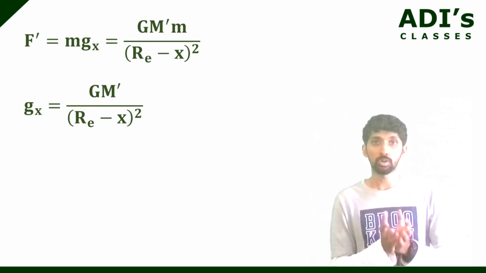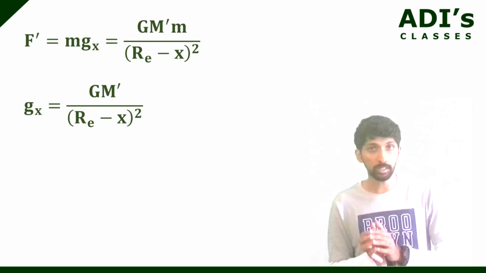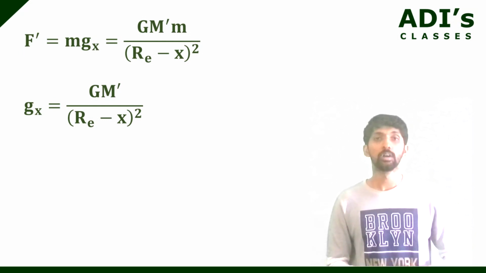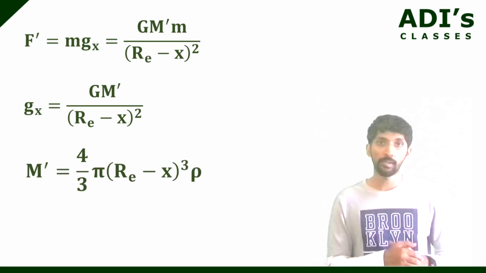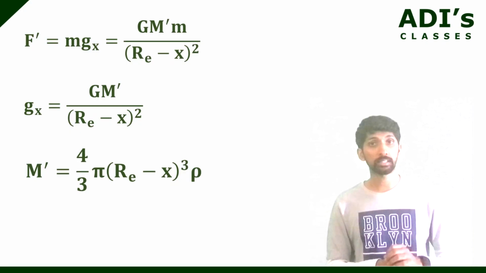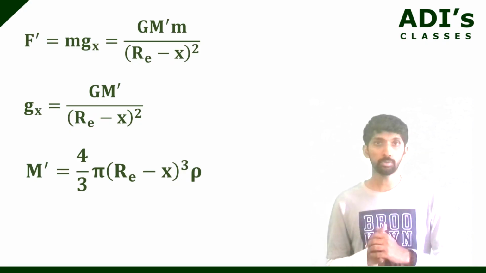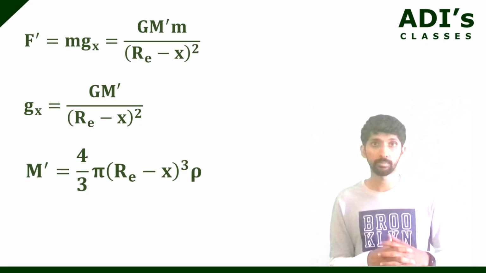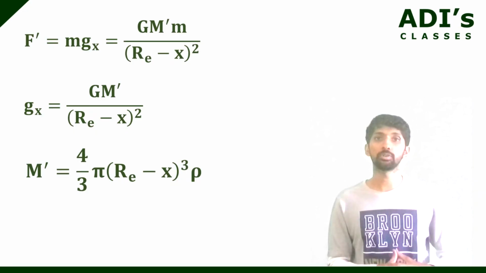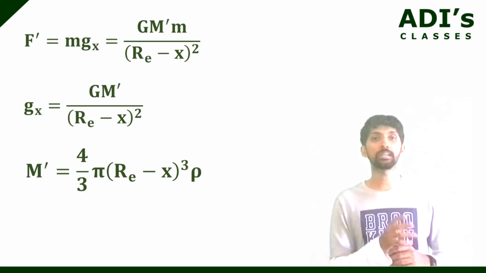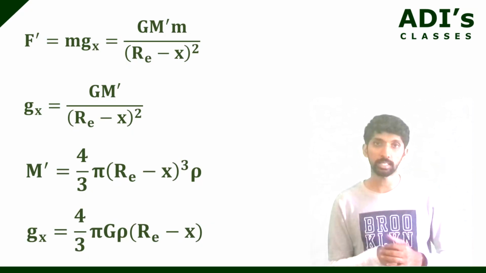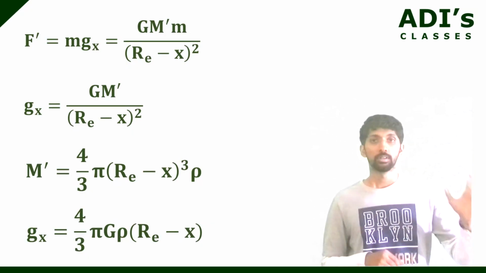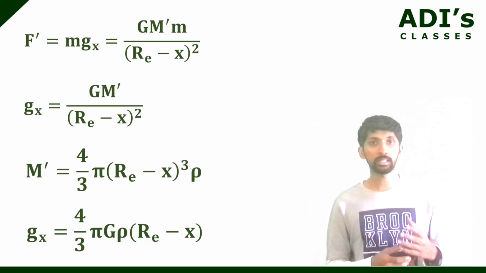Since it's a uniform sphere, the density will be same. So, we get M dash is equal to 4 by 3 pi into R_e minus x whole cube into rho, the mass. So, we have g_x is equal to 4 by 3 pi into G into rho into R_e minus x.